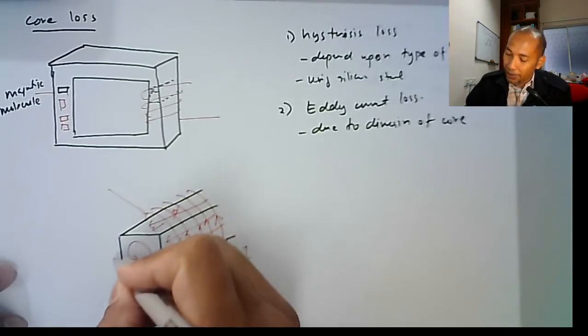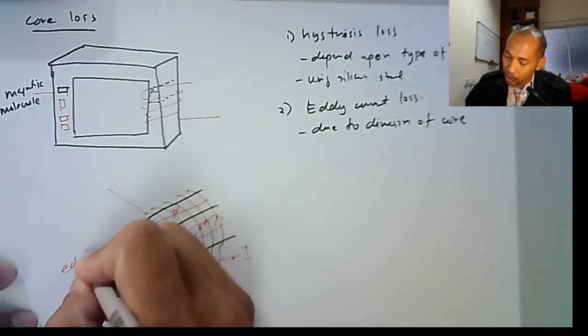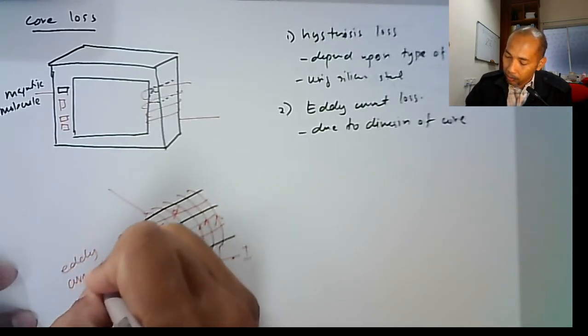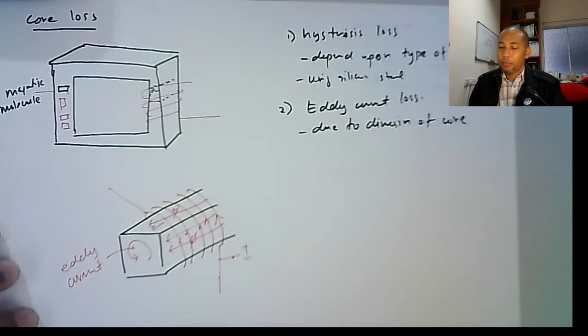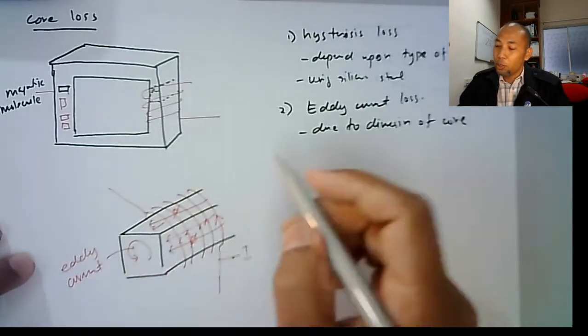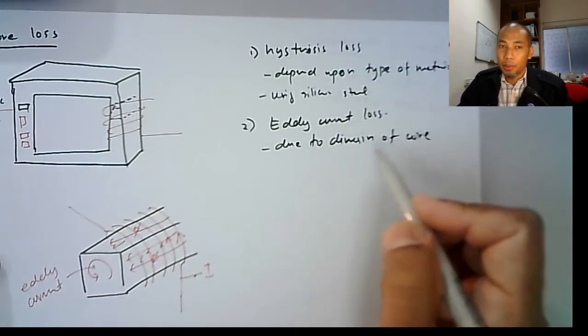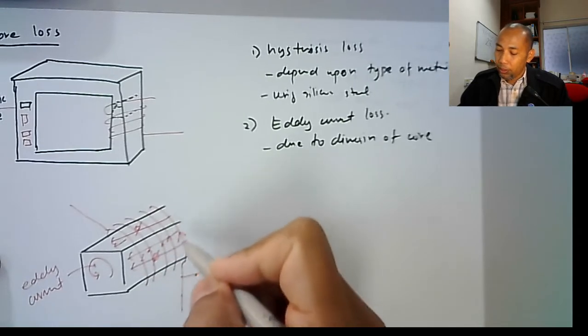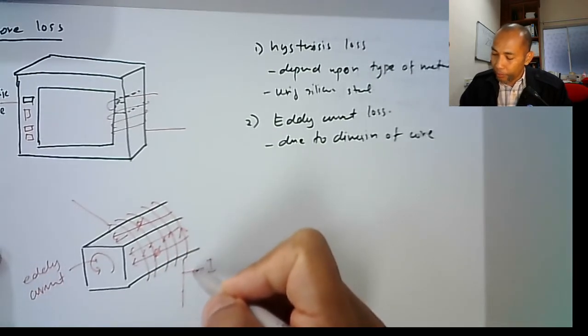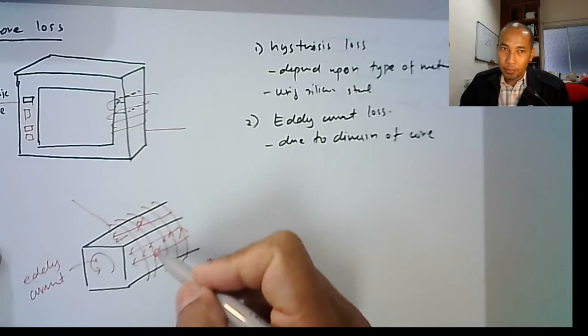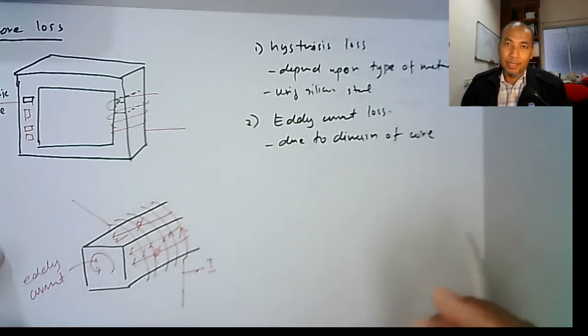This we call eddy current, due to the dimension of the core.